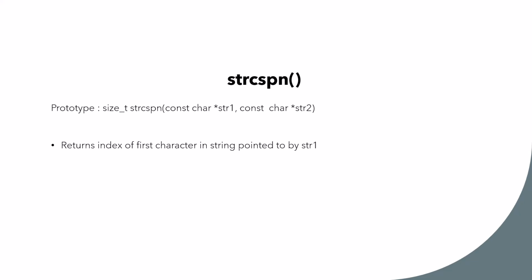It returns the index of the first character in the string pointed to by str1 that matches any of the characters in the string pointed to by str2. So in effect, it's going to return the length of a segment of characters that are not in str2. You can think of it that way as well.